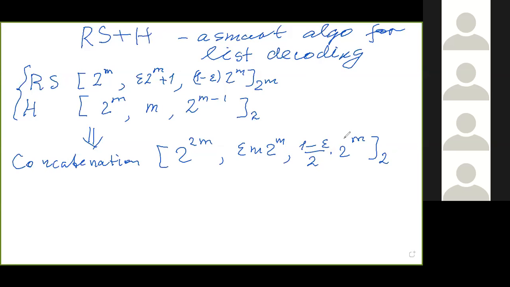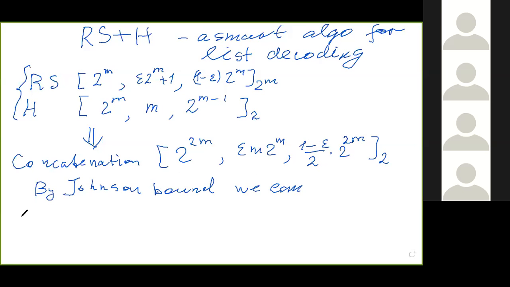Times 2 to the 2m. So the block length is 2 to the m, and the distance is 1 minus epsilon of that. And by Johnson bound, we can list decode this code from that many errors.